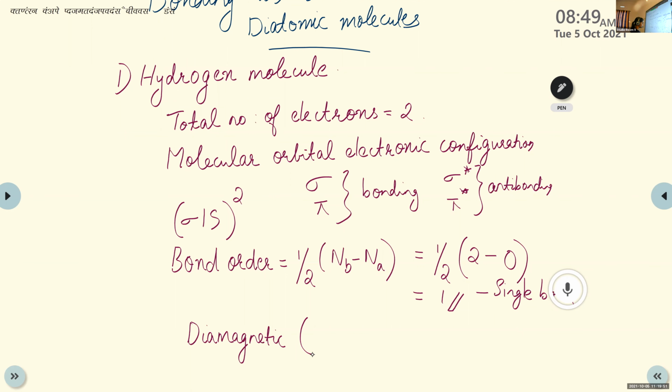So you can write in the bracket, no unpaired electron. So using this molecular orbital electronic configuration, we can determine the bond order, then the nature of bond, then the magnetic nature. So that's about the hydrogen molecule.